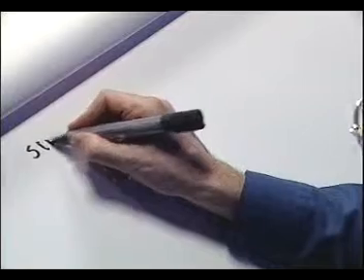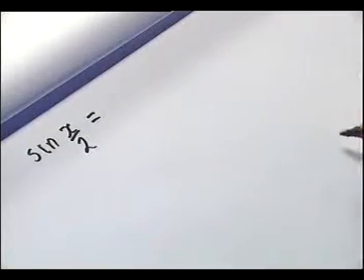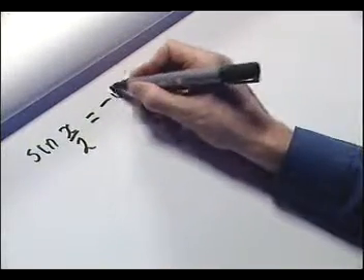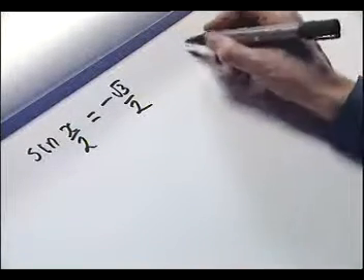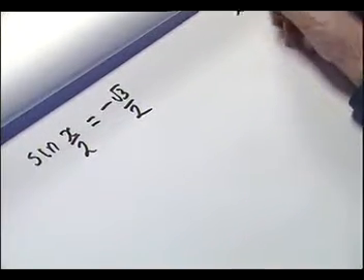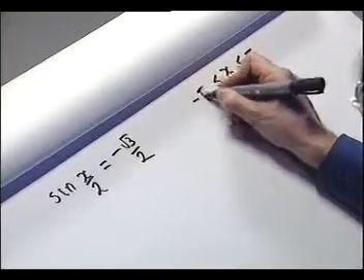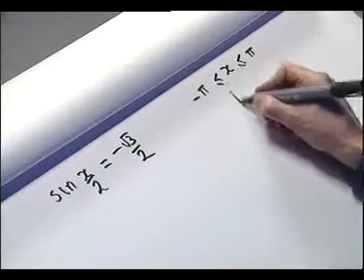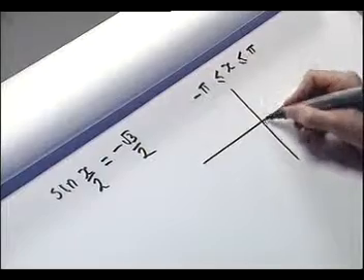Let's have a look at one where we've got the x divided by 2 rather than multiplied by 2. So the sine of x over 2 is minus root 3 over 2. And let's take x to be between pi and minus pi. So we'll sketch the graph of sine between those limits.